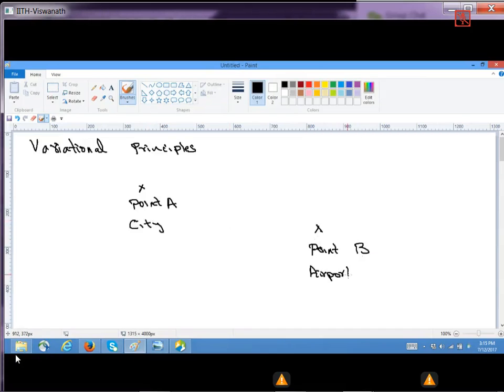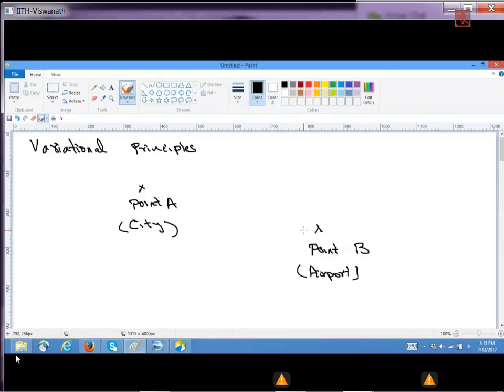For example, you want to catch a flight, so what is your aim? You want to reach from point A to point B in the shortest time. That is your principle.